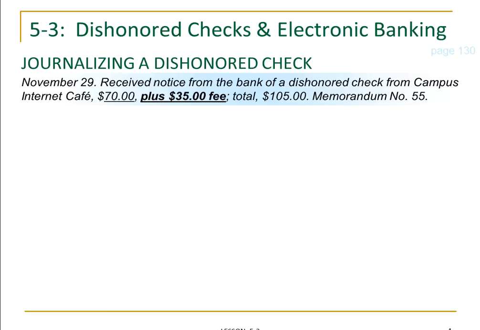So we've got to charge back the $35 and the $70 that Campus Internet Cafe originally wrote the check for, a total of $105 that Campus Internet Cafe now actually owes us. They owe us the amount of the check that bounced, and the amount of the bank fee that our bank is charging us. We record that on a memorandum as our document source.